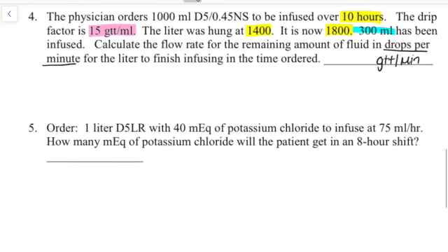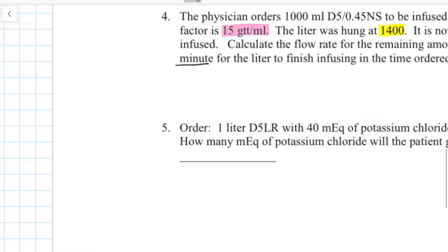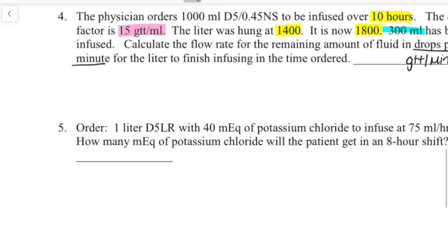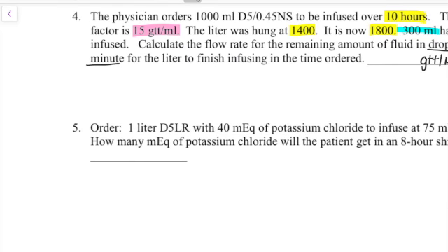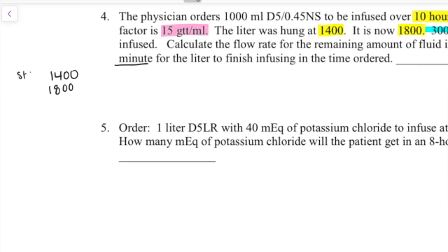So first we need to see how many hours we have left. It was supposed to be over 10 hours. It started at 1400. It is now 1800. So that means that we have 6 hours left since it was supposed to be done over 10 hours.